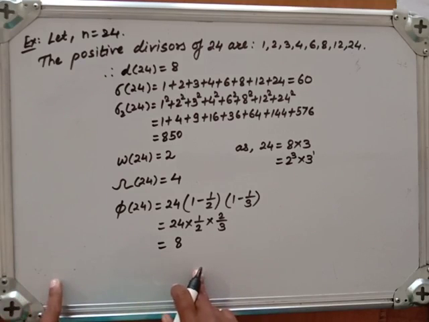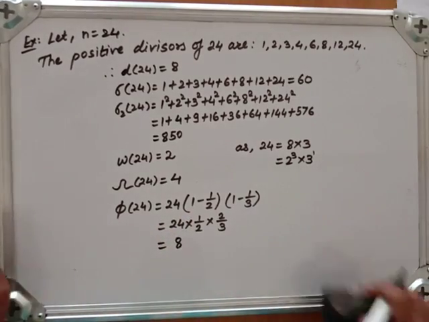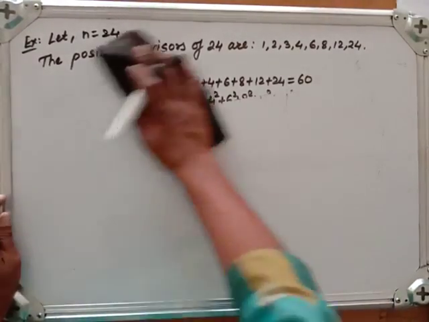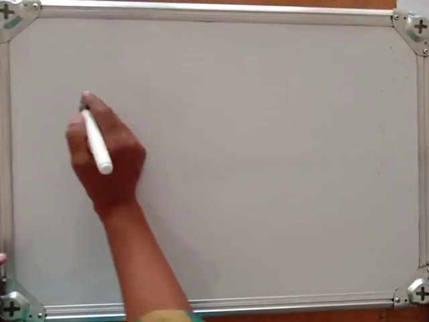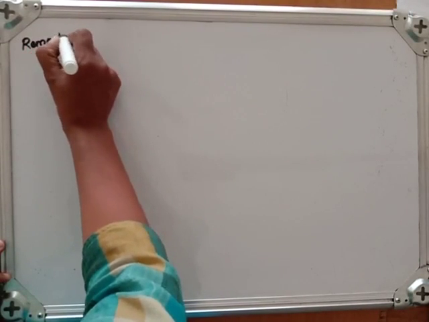Now just before this example we had taken an example for a prime number. Now let me write one remark. If p is a prime, what are the values of all these functions? You can compare that remark with that example of n equal to 13 we had taken. So let me write remark 1.